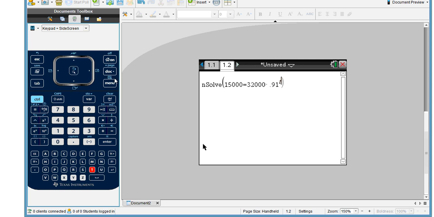That is time in years. And I'm going over to the right here, put a comma t, and I hope this will give us without an error message. So I get about 8.034, right? 8.034 years.